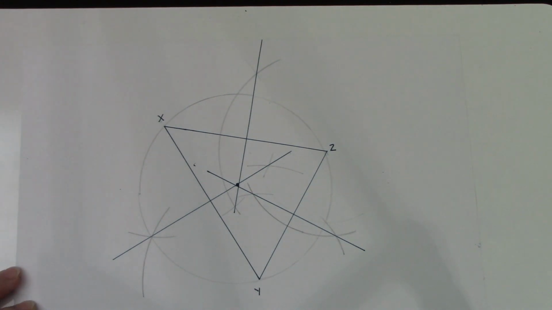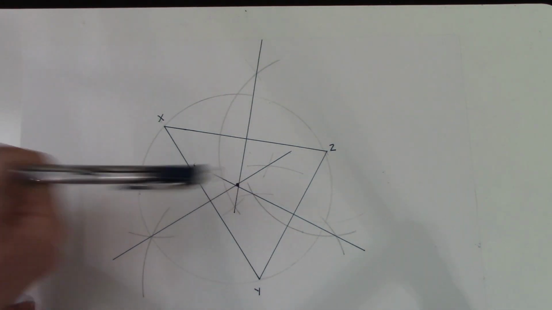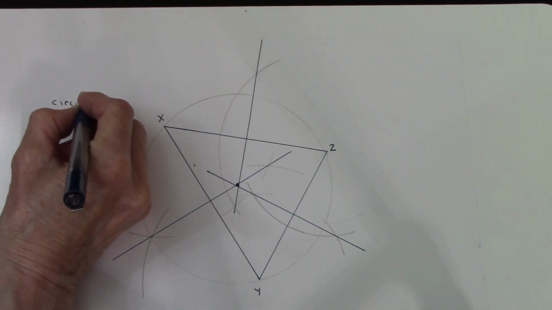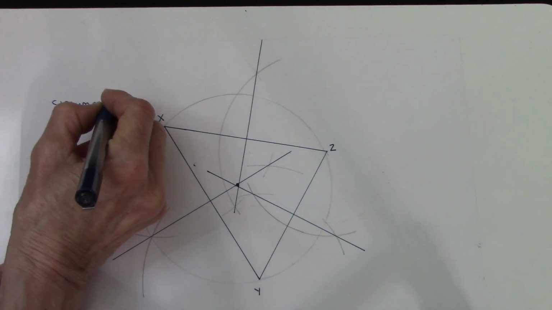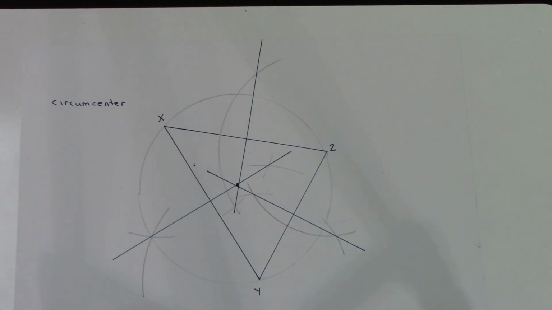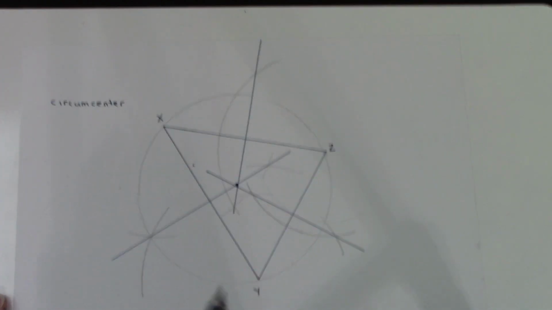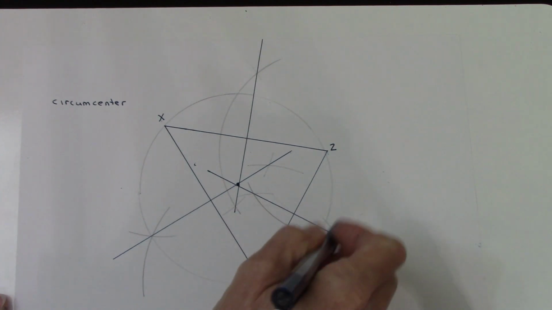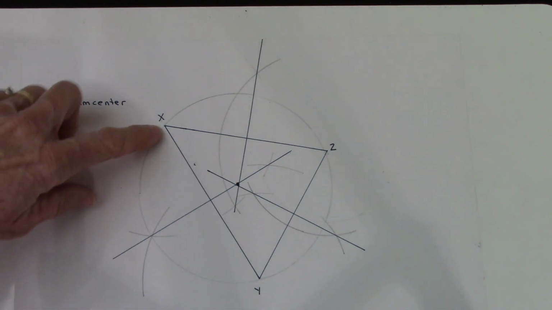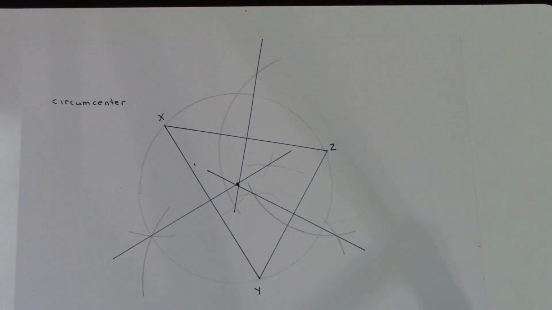So this center point right there is called the circumcenter, because it's like the circumference, it's the outside, and then it's the center. So it's the center of the circle that will go around the triangle and touch the triangle at each of the three vertices. And that's what the point of concurrency of the perpendicular bisectors does.